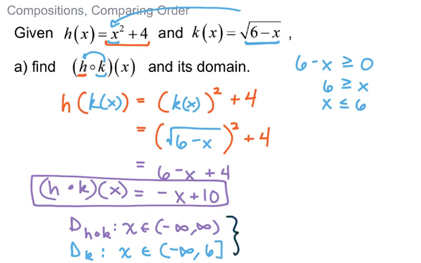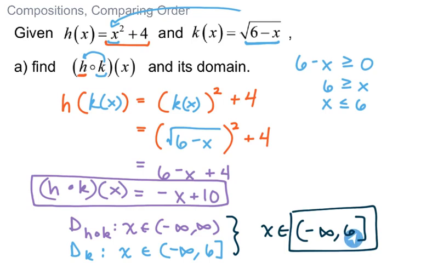At this point, we need to look at where these two domains intersect. And intersecting all real numbers with a restricted domain is going to give us our solution domain of just negative infinity to 6. And we can include 6, we can be equal to 6, because if I plugged 6 in, I would get 0, and the square root of 0 is 0.